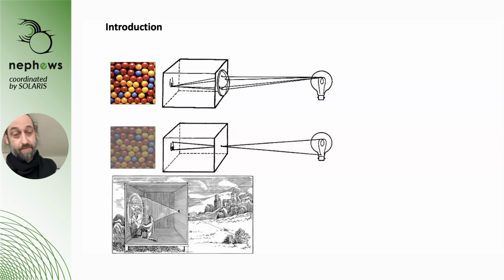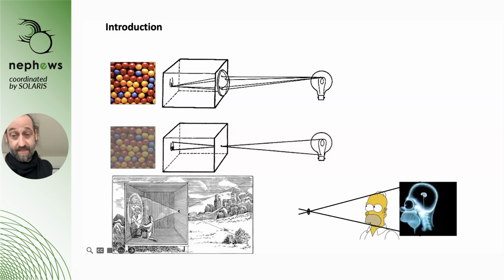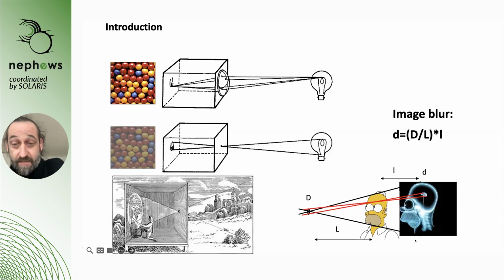So the setup is very primitive. Here you see a camera obscura. That's the same principle, just that in our case, the sample is right in front of the detector and the beam comes from the source. And then the size of the aperture that we have at the source side and the length decide on our spatial resolution. So the longer the distance that the object and the detector are from the source aperture, the better our resolution gets.